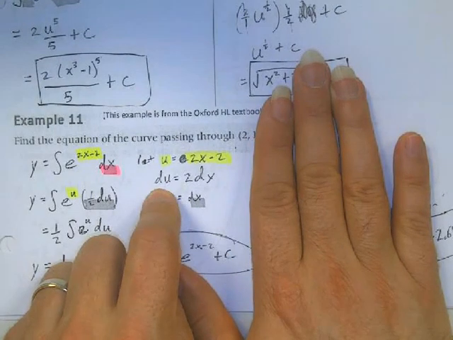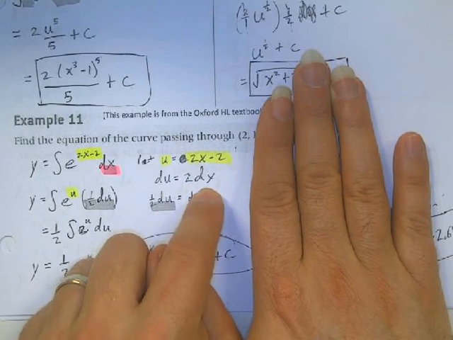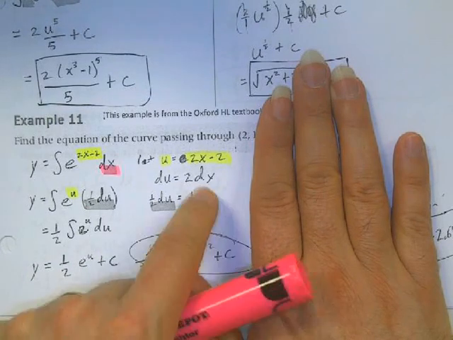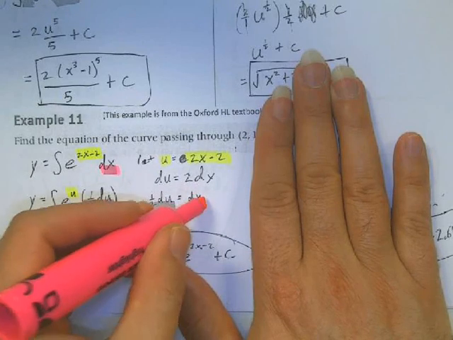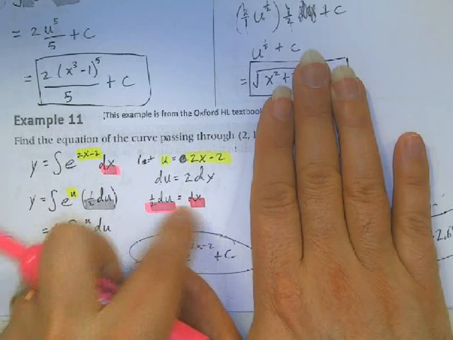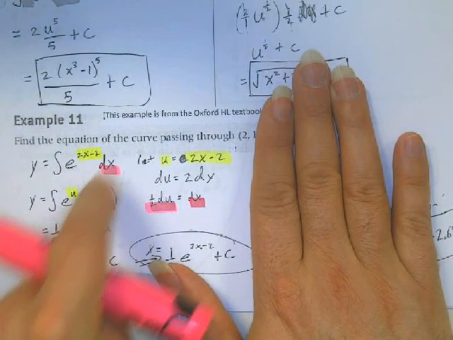The derivative of 2x minus 2 is 2 dx. But I want to replace the dx. So if I have this line here, and if I divide it by 2, then I end up with dx equals 1/2 du. So now I'm going to replace dx with 1/2 du. I substituted that for that.